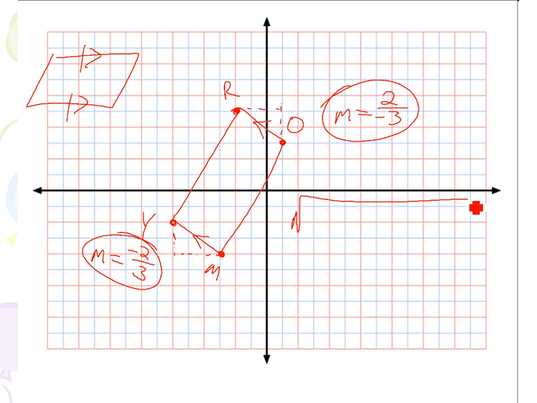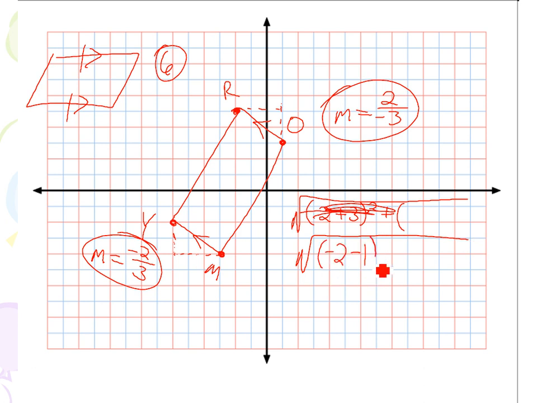Somebody help me out and we'll try to get another problem in here, even though the timer went off. For R and O, looking at your paper there, what's the x coordinates of R and O? 2, -3. So 2 + 3 squared. Make sure everybody's looking, because if somebody tells me wrong, I'm not going to know. What's the y coordinates for R and O? -2, 1.